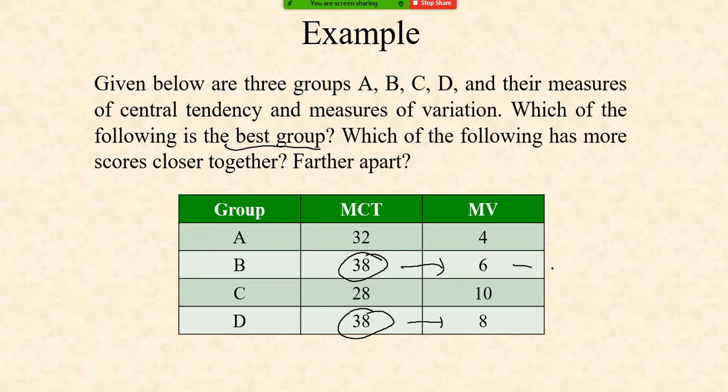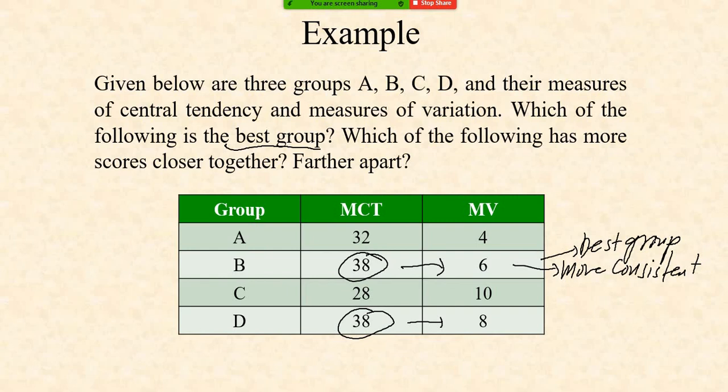So we can say that group B is more consistent compared to group D because, apart from the two, this has a smaller measure of variation. That would mean that the scores of group B are much closer together and much closer to 38 compared to D. So the majority will say that group B is actually the best group because they have the highest measure of central tendency and a more consistent group of scores.